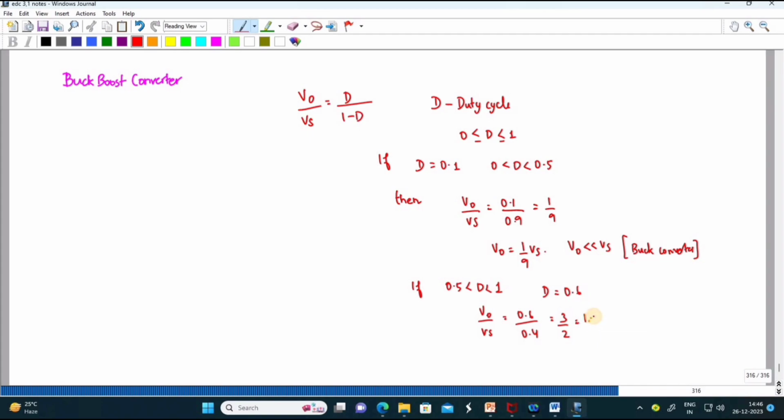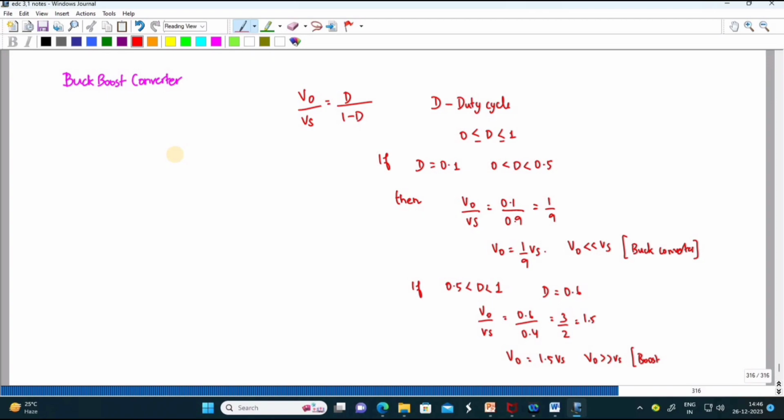So V naught is equal to 1.5 times Vs. So V naught is greater than Vs. So it is a boost converter. So it can act as either a boost or a buck converter based on the value of d. d is nothing but the duty cycle.